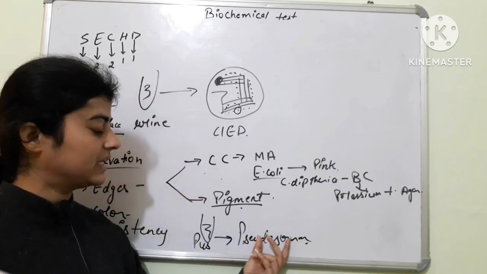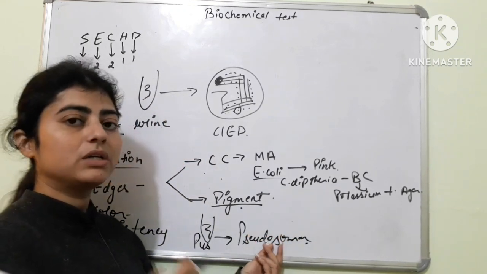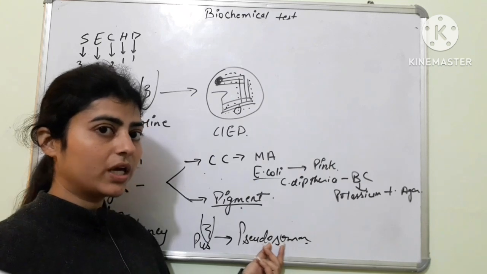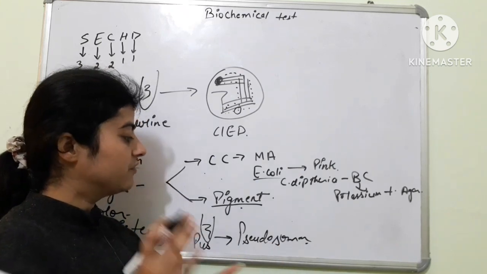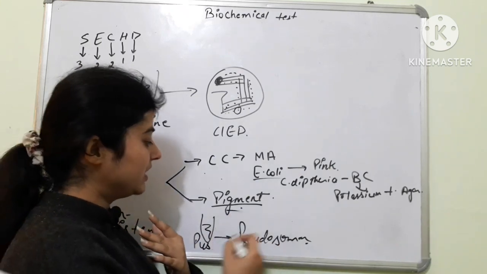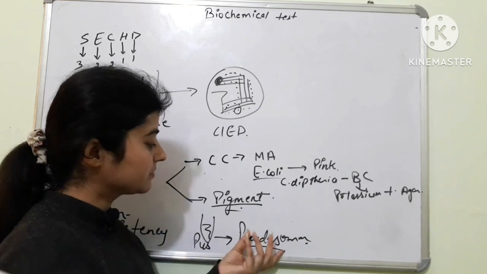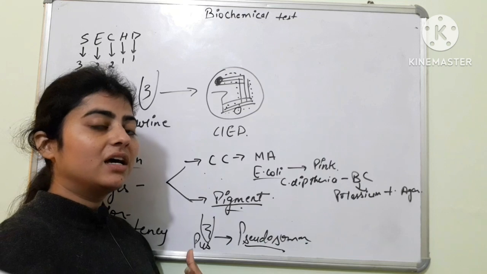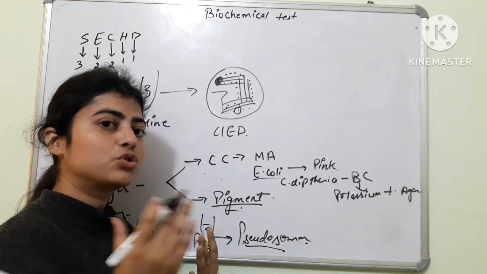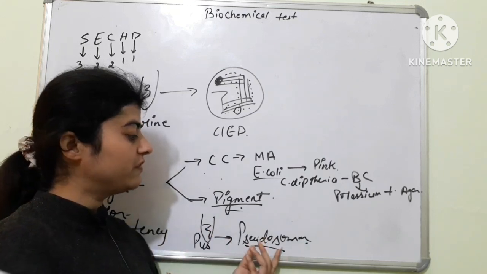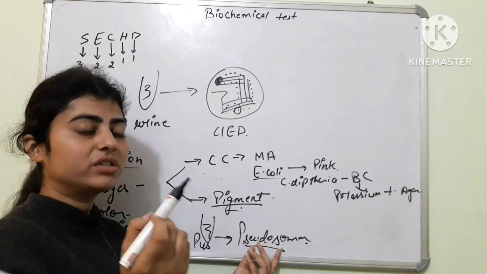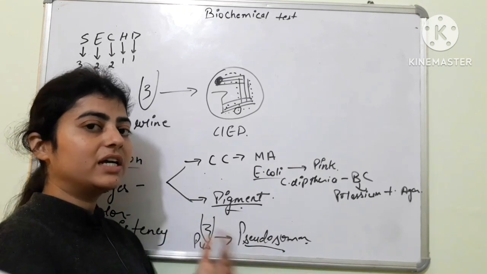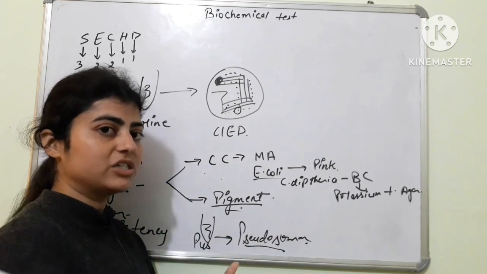Now what does this bacteria do? This bacteria produces different kinds of pigments. One pigment colors your whole nutrient agar from light yellow to green. After growth you will find that the nutrient agar which was yellow in color has converted into greenish.